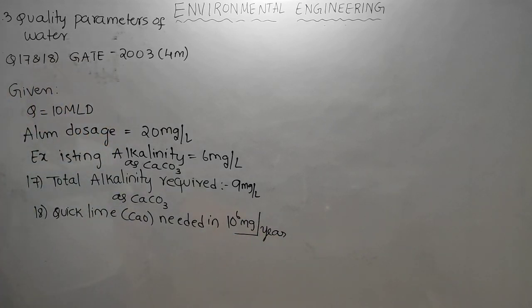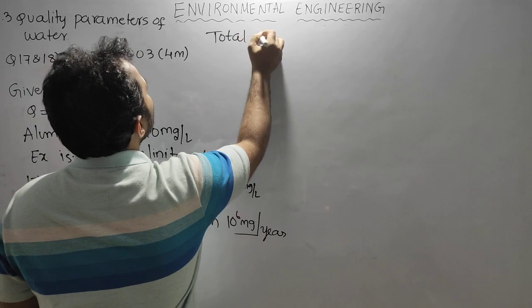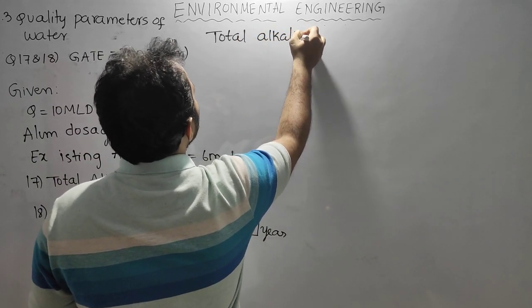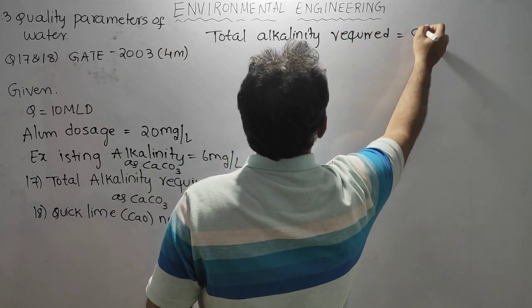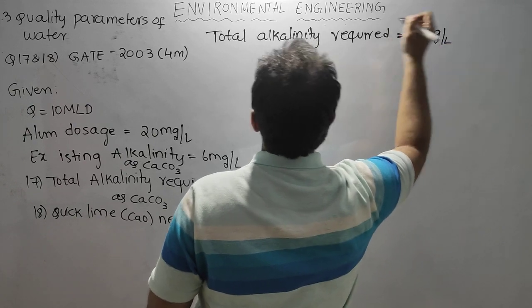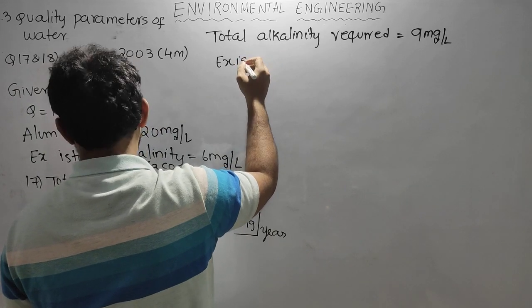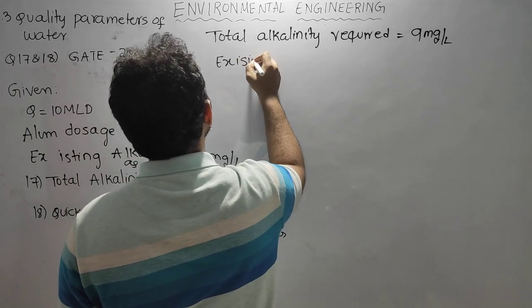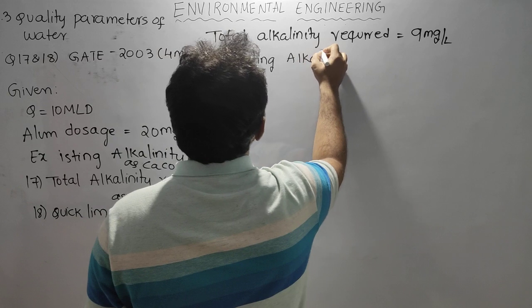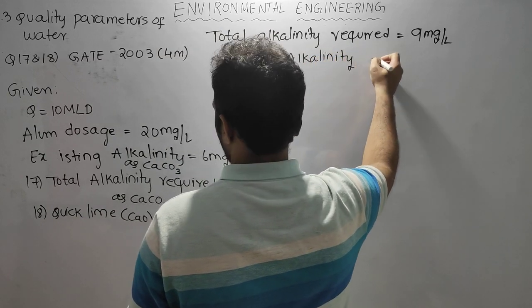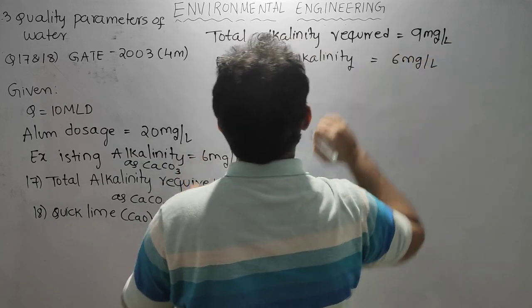Now see here, the total alkalinity required is 9 mg per liter. The existing alkalinity is 6 mg per liter.